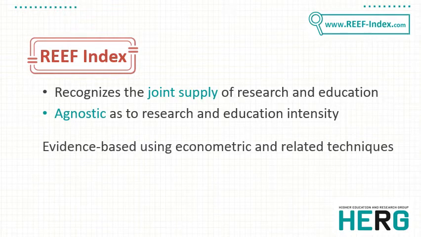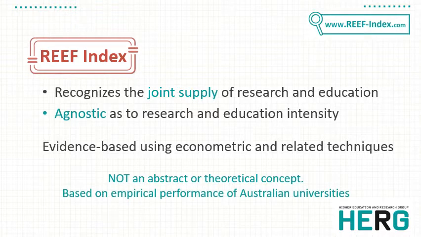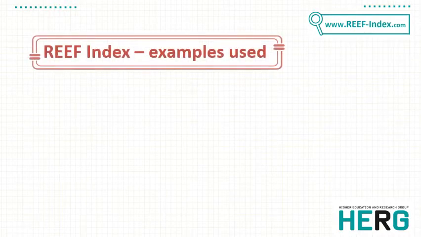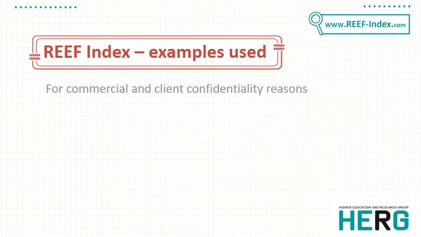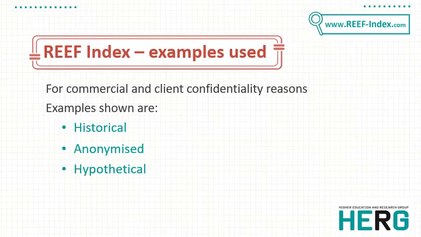It is evidence-based using econometrics and other quantitative techniques, and it is not abstract or theoretical and is based on real-world data in the Australian sector. The examples used here are, for commercial and client confidentiality reasons, historical, anonymised, or hypothetical.